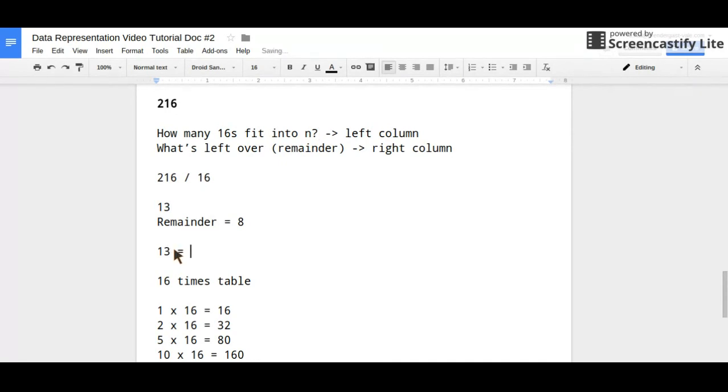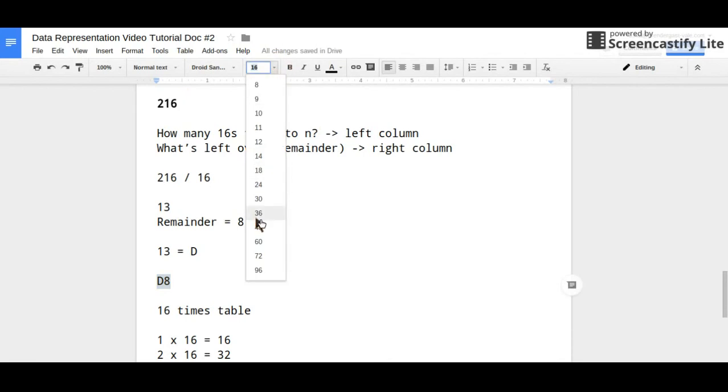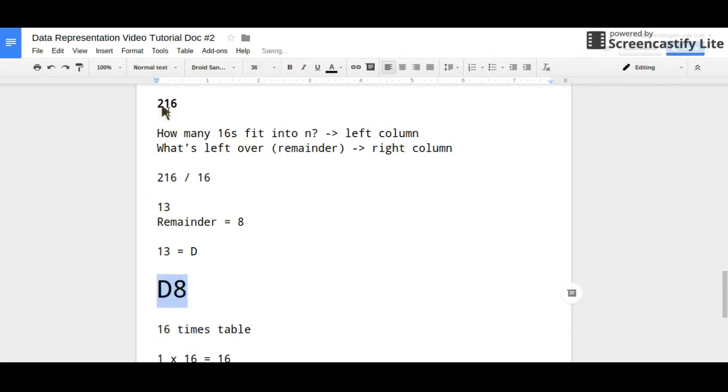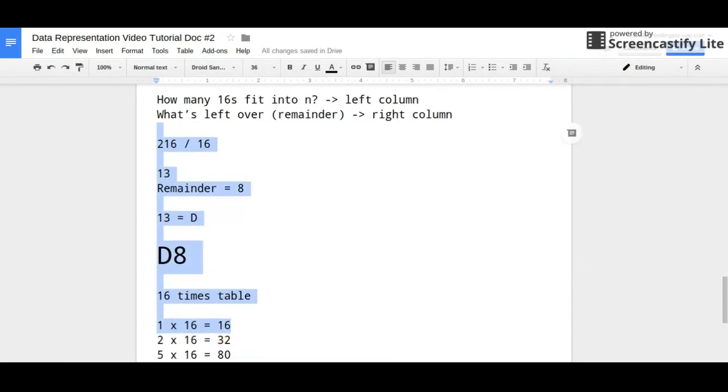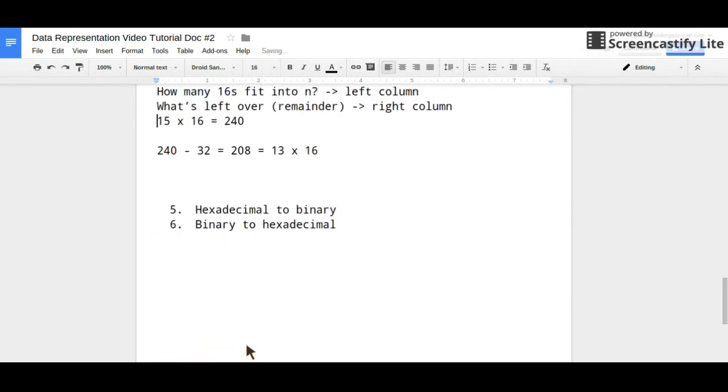A is 10, B is 11, C is 12, D is 13. So this means we get a D in the left-hand column, and our remainder, which is 8, becomes the right-hand column. So the denary number 216, when converted into hexadecimal, is D8. So let's have a look at doing one more example, because this is pretty tricky.